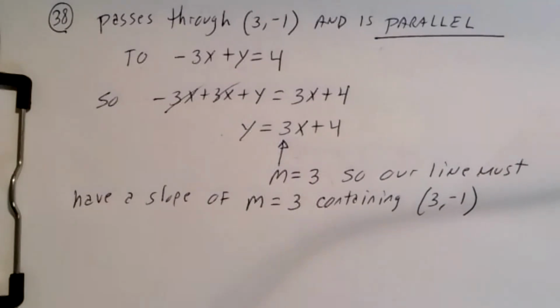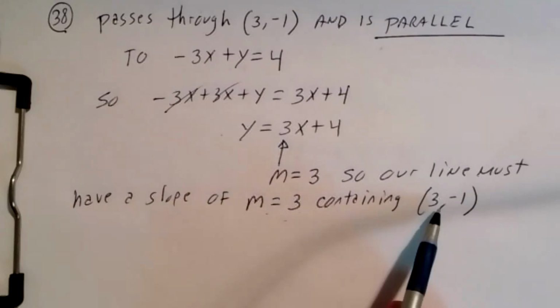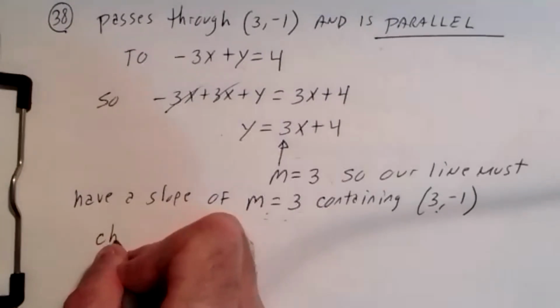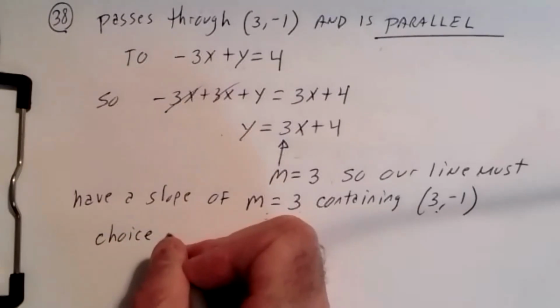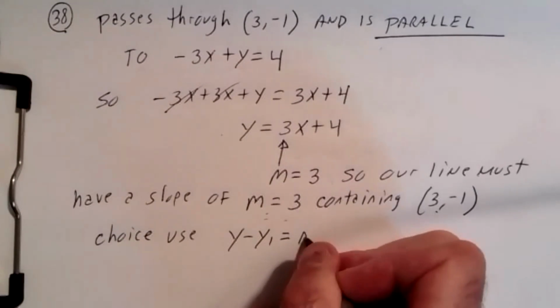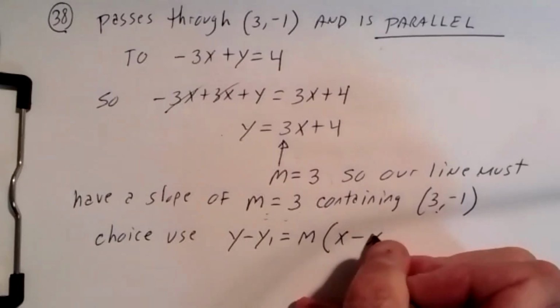So how can we write the equation of this line? You could do it one of 2 ways: using slope-intercept form or point-slope form. I don't really care which method you choose, but since this is slanted towards point-slope form, let's do that. Point-slope form is y minus y1 equals m times x minus x1.